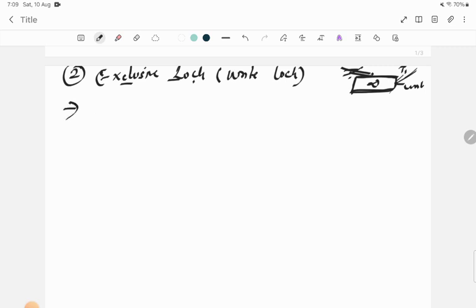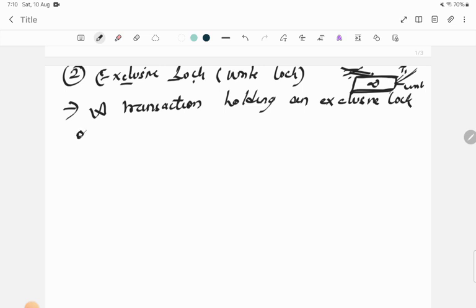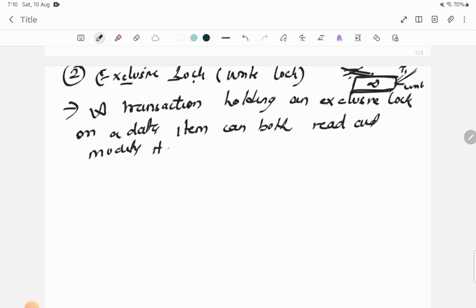Let me write the definition. A transaction holding an exclusive lock on a data item can both read and modify it.